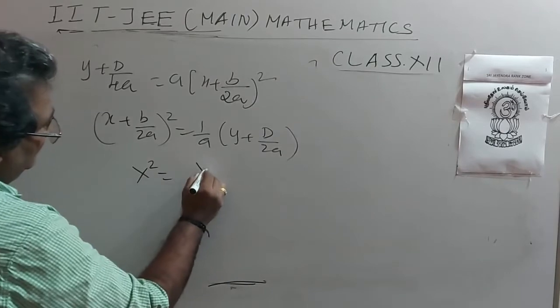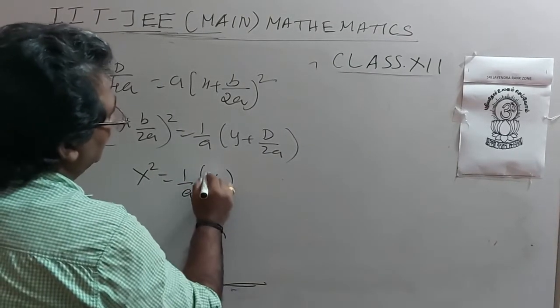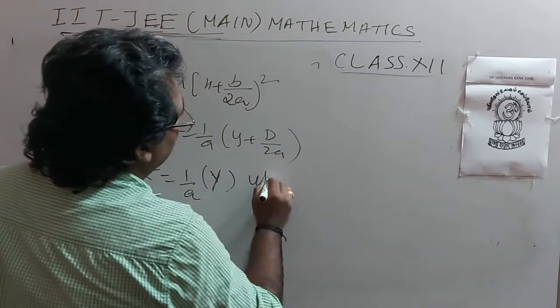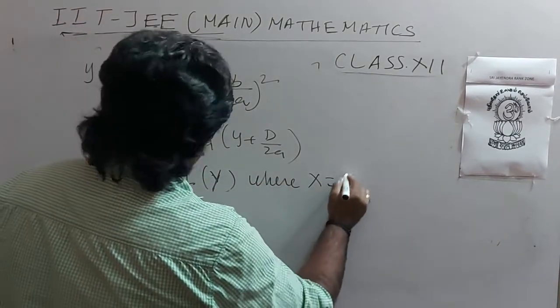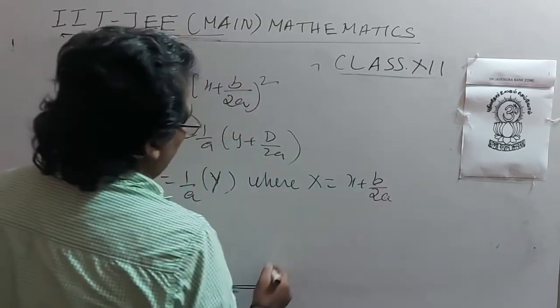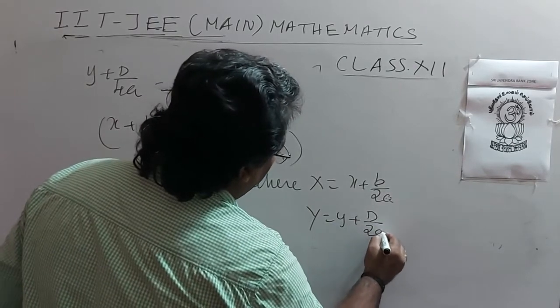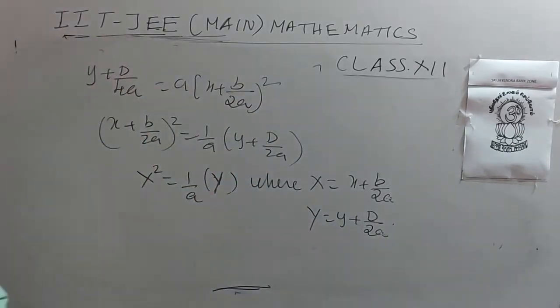X squared equal to 1 by a into Y, where X equal to x plus b by 2a, Y equal to y plus d by 4a.